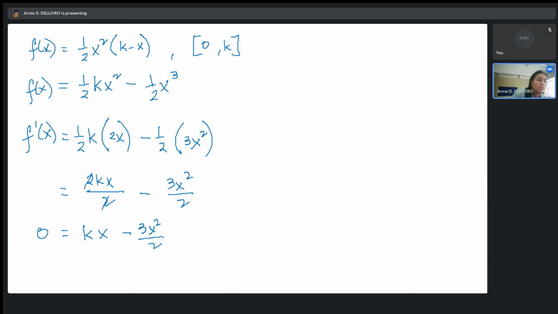Okay? So first thing, we can factor out, ano po, x. Anong ibig sabihin? We have 0 equal to x times k minus 3x over 2. Equate both factors to 0.